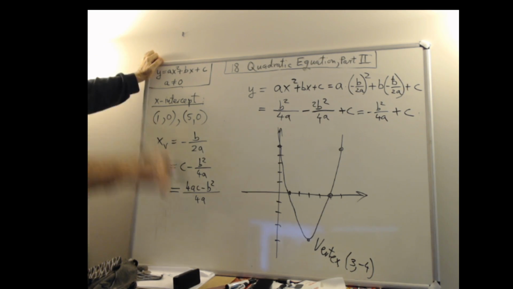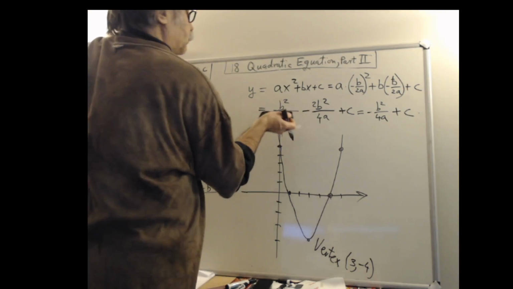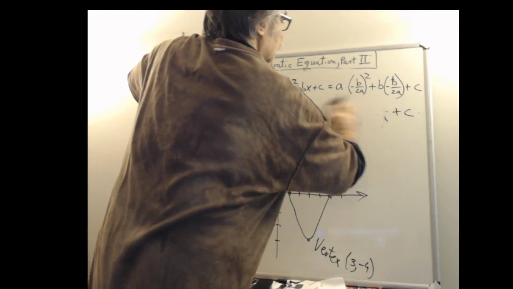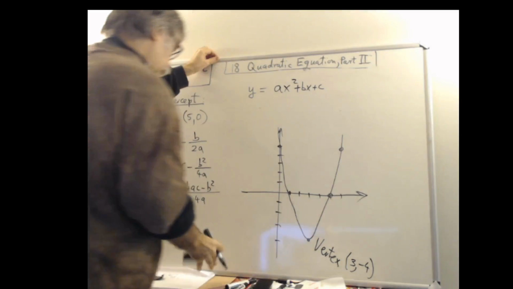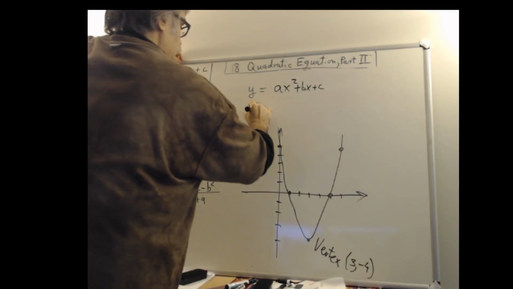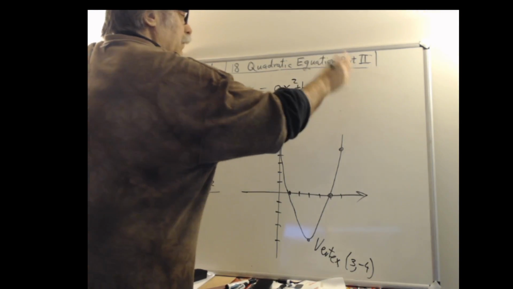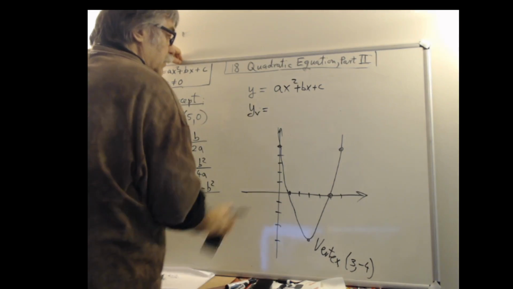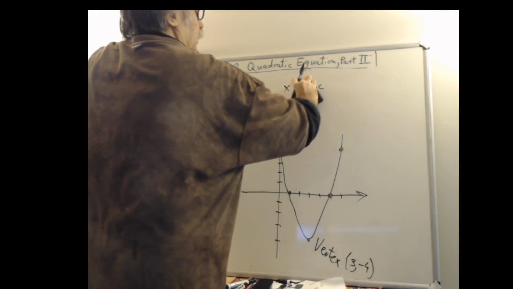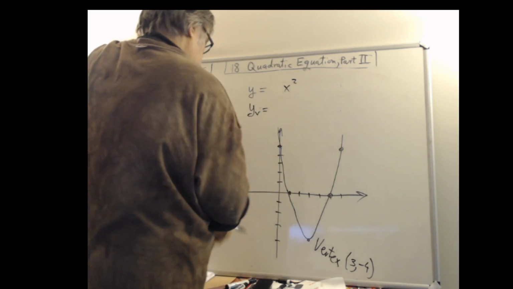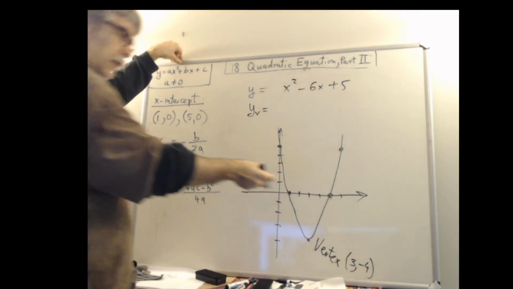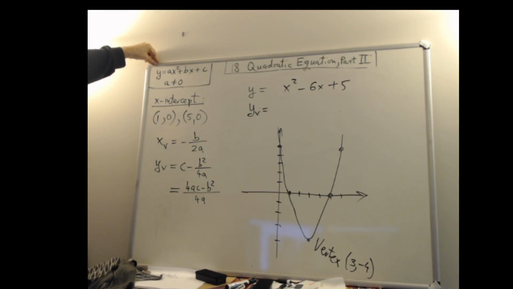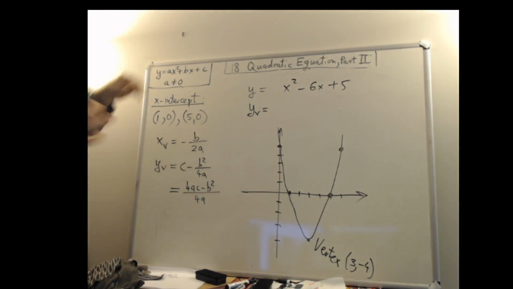It's going to work in this particular case. Let me check it out. So I do have the y of the vertex in the case when the equation is 1x squared negative 6x plus 5. That's the story about this parabola. So this shape is called a parabola, right?